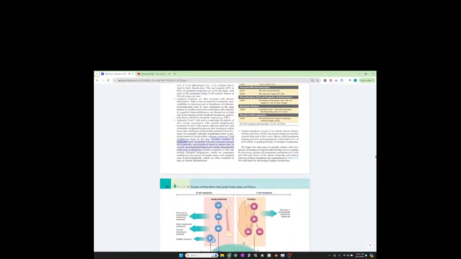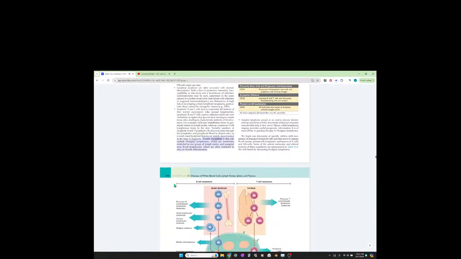Variable numbers of neoplastic B and T lymphoid cells also recirculate through the lymphatics and peripheral blood to distant sites. As a result, most lymphoid tumors are widely disseminated at the time of diagnosis. Notable exceptions to this rule include Hodgkin lymphomas, which are sometimes restricted to one group of lymph nodes, and marginal zone B-cell lymphomas, which are often restricted to sites of chronic inflammation.